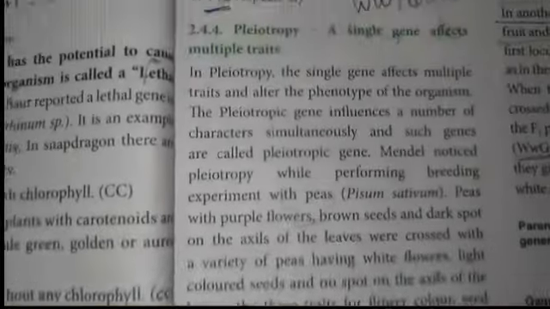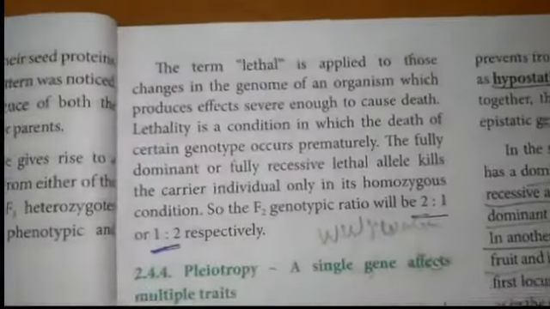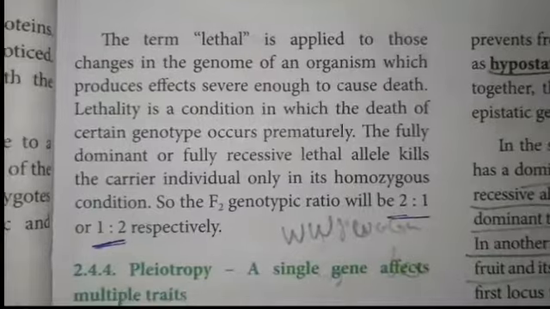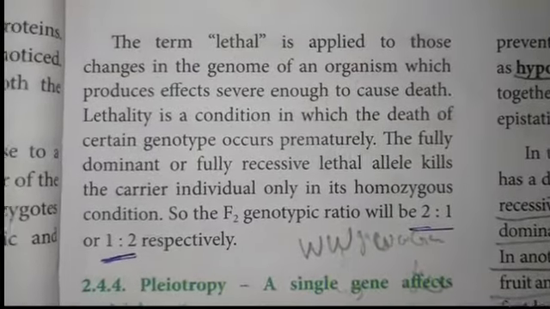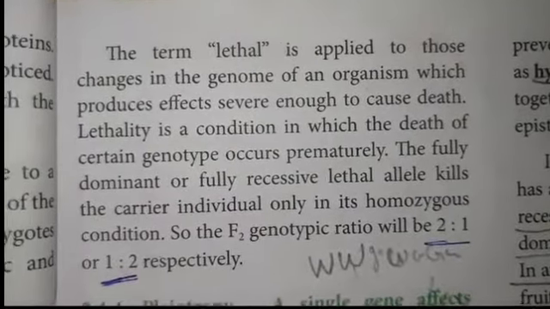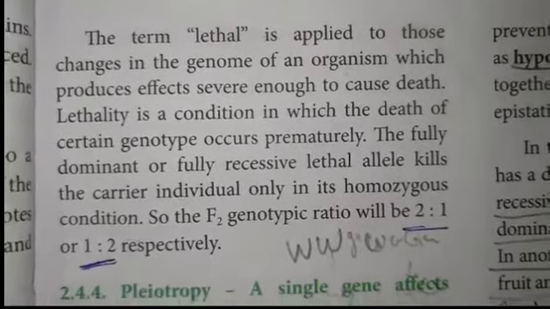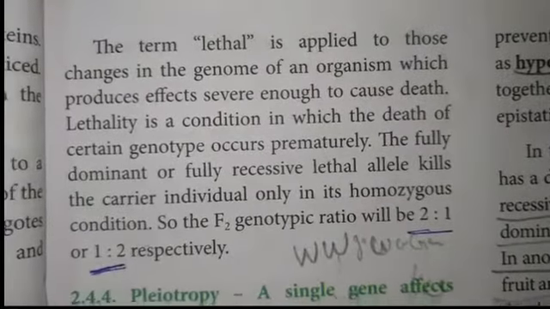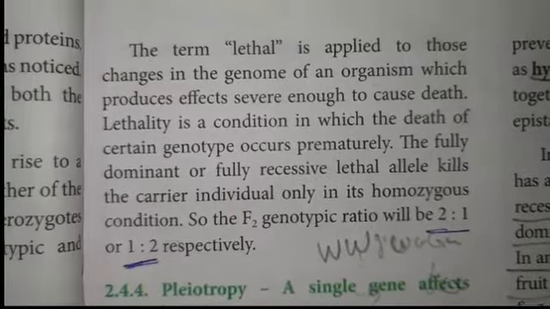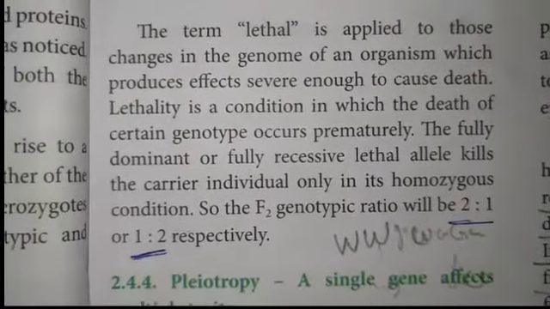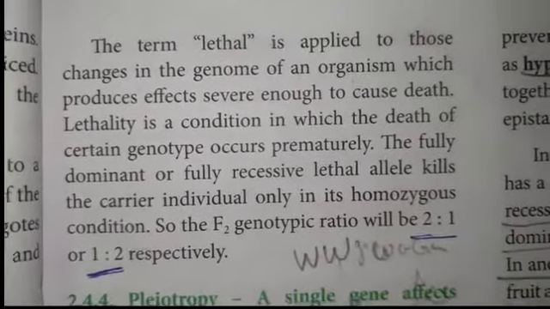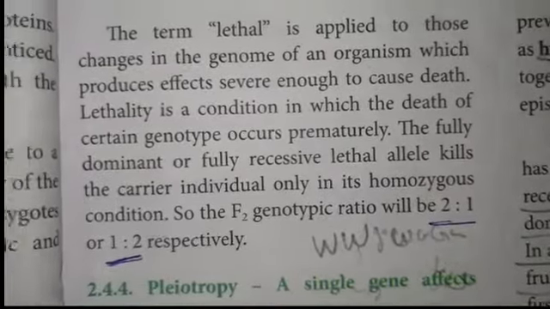The term lethal is applied to the death of the plants. So a lethal gene causes the death of the organism which carries the recessive allele, or sometimes a dominant allele also causes death. So recessive lethal inheritance and dominant lethal interactions are present.